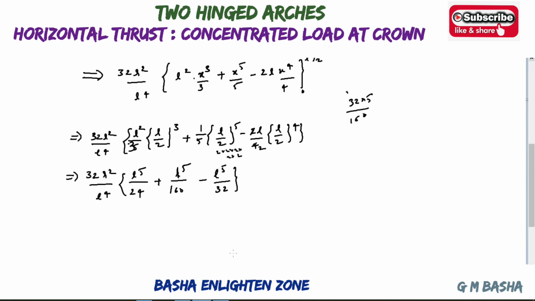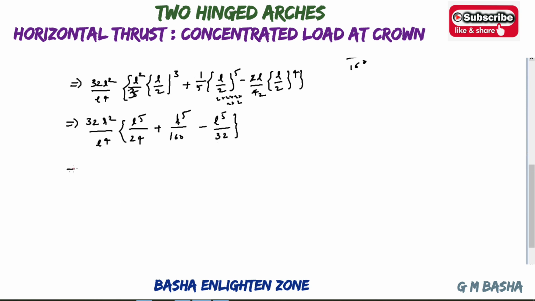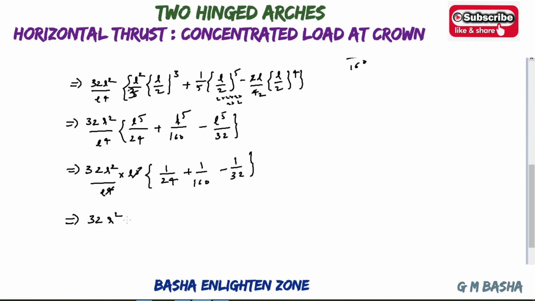So this is the simplification, and again remove the common terms outside. 32 r square L power 4 into L power 5, and again 1 by 24 plus 1 by 160 minus 1 by 32. So these terms and these terms cancel. How much you will get? 32 r square L into entire this value.